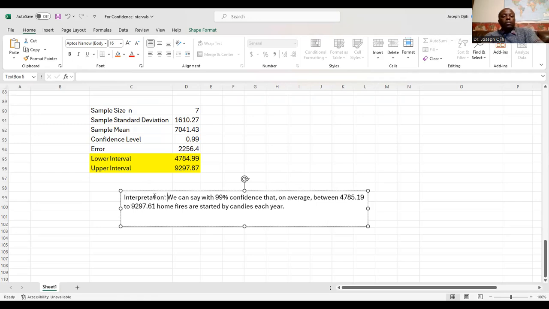You can say with 99% confidence that on average between 4,784.99 and 9,297.687 home fires are started by candles each year. So that's basically how to do the confidence interval for the mean.